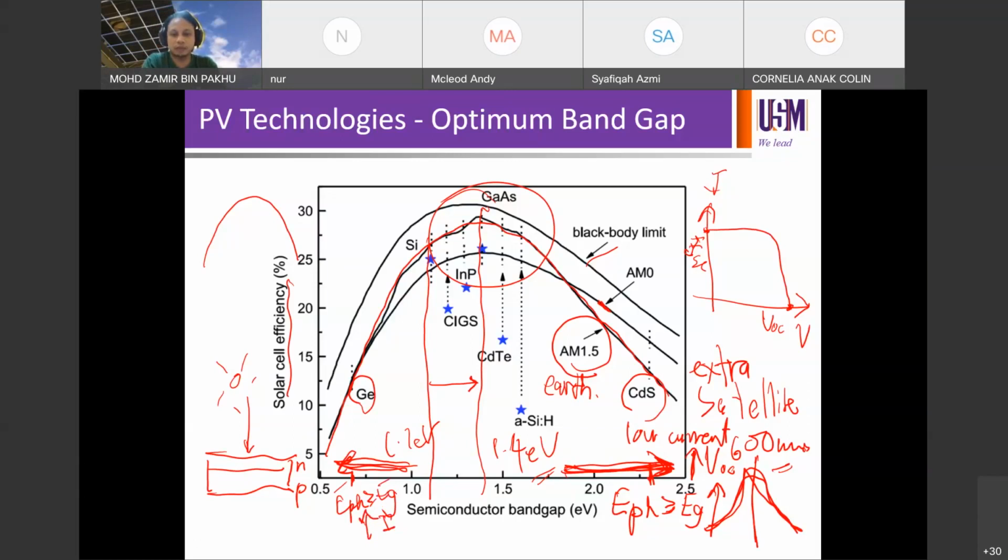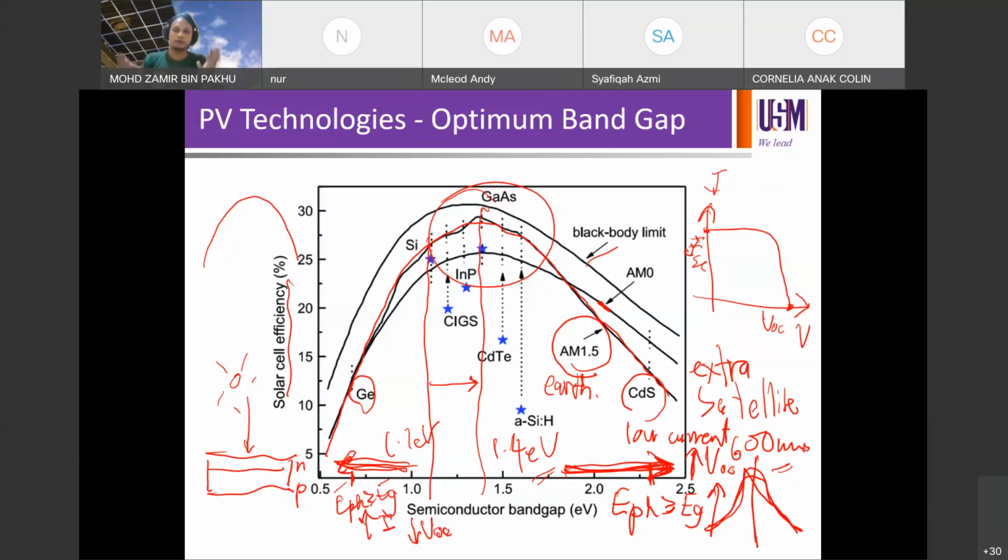But remember, the VOC is proportional to the band gap, so you will end up with low VOC. So going to the left means you get high current, low VOC. Going to the right means you get high VOC but low current.